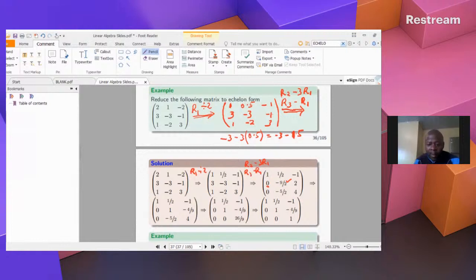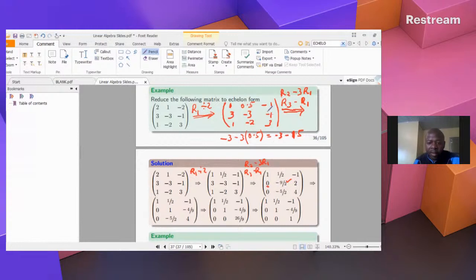So we've just done that. We've taken 3 minus 3 multiplied by 1, which is 0. Then negative 3 minus 3 multiplied by 0.5 gives us negative 4.5.